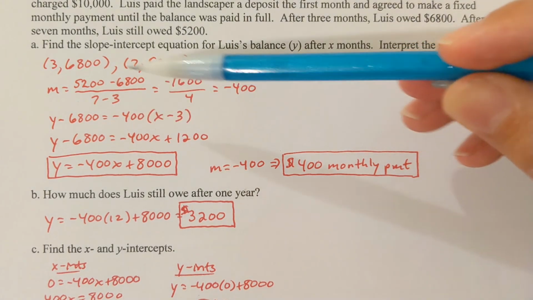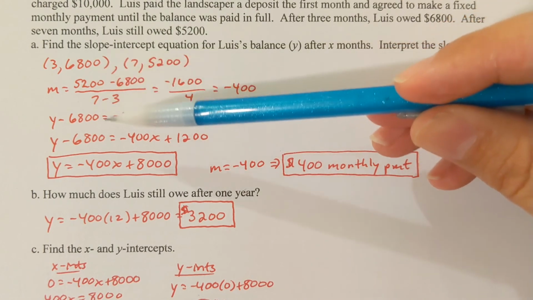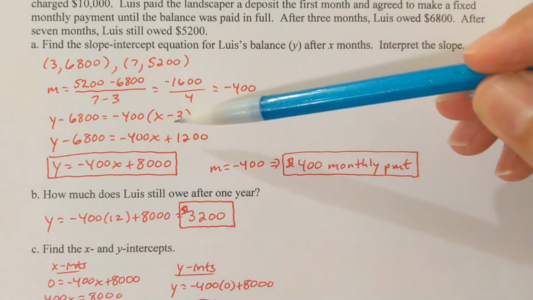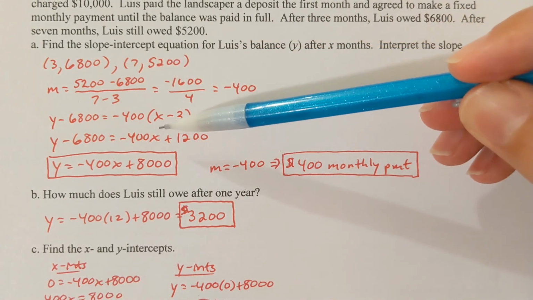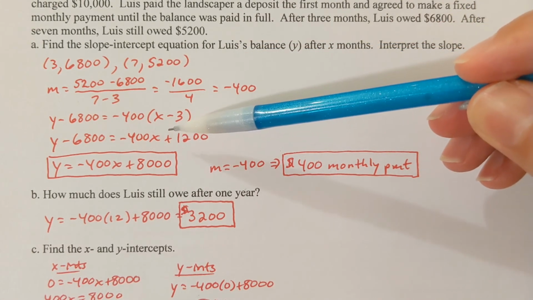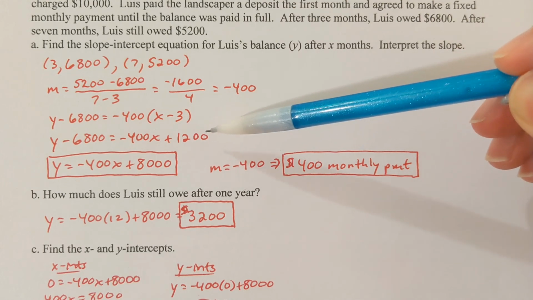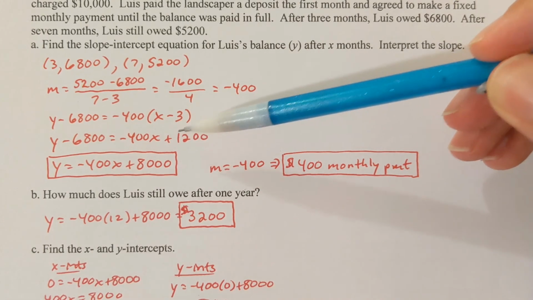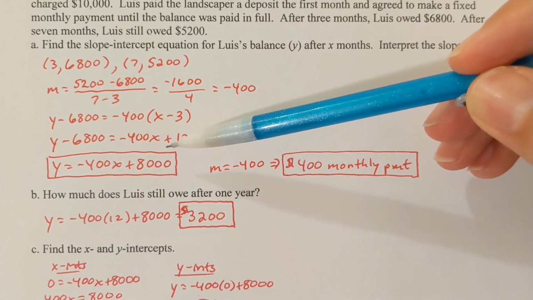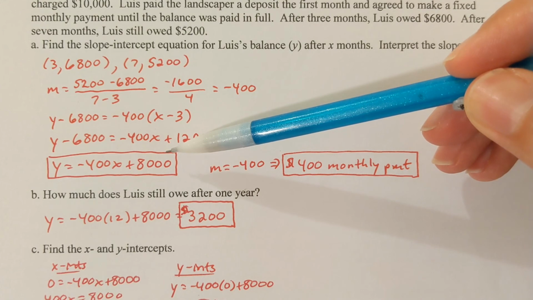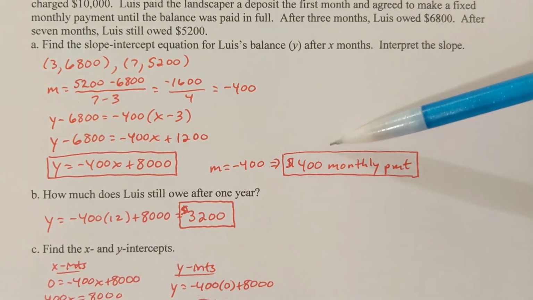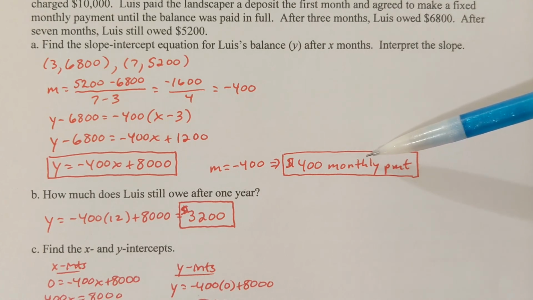Okay, so I can use this point here, y minus 6,800 equals -400 times x minus 3. Means that y minus 6,800 is equal to -400x plus 1,200. Add 6,800. y is equal to -400x plus 8,000. m equals -400 means that the payment per month is going to be $400.